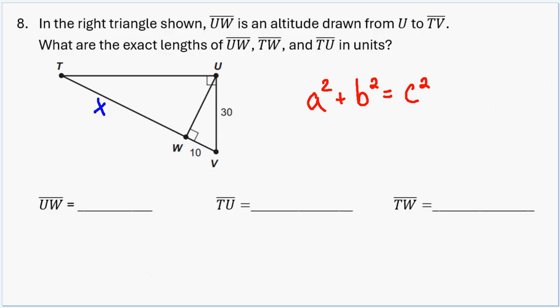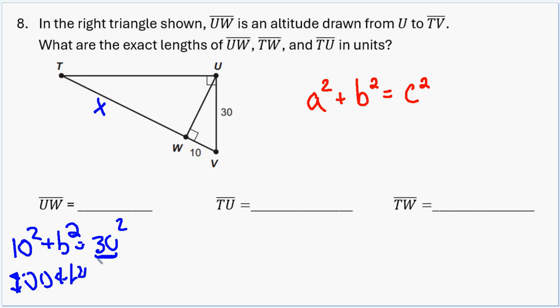Or we could do Pythagorean theorem here to find UW. A squared plus B squared equals C squared. So I'm going to write 10 squared plus B squared equals 30 squared. And that would be 100 plus B squared equals 900. And then we would subtract 100 from each side, and we would get B squared equals 800.